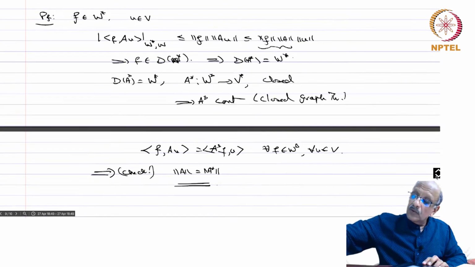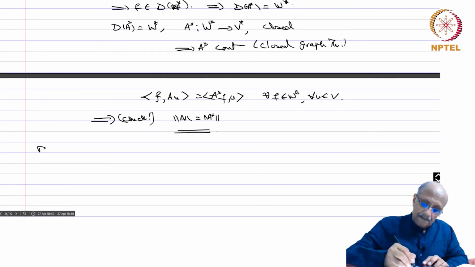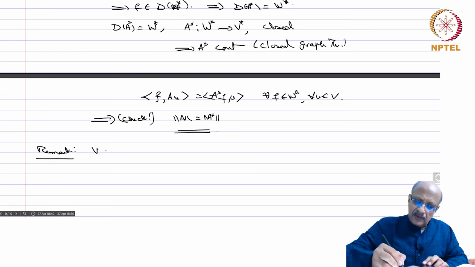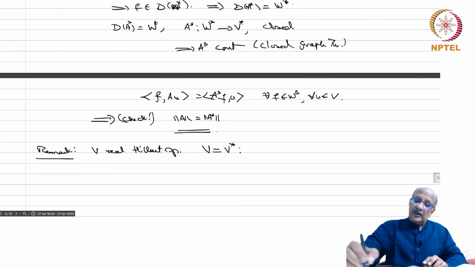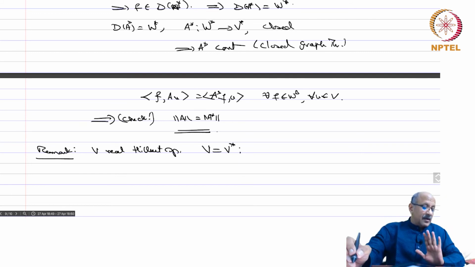So, now a remark again. If V is a real Hilbert space, we can identify V with V*. We have already gone through this generally.